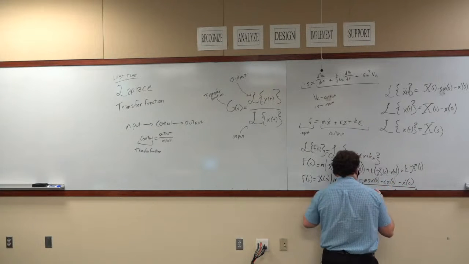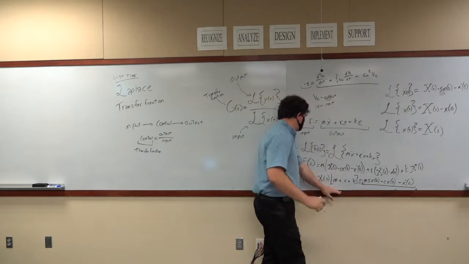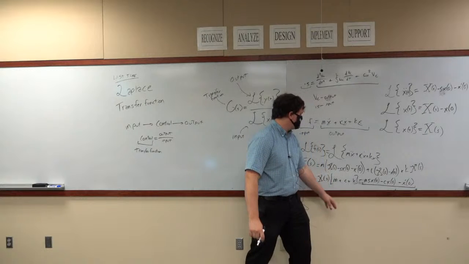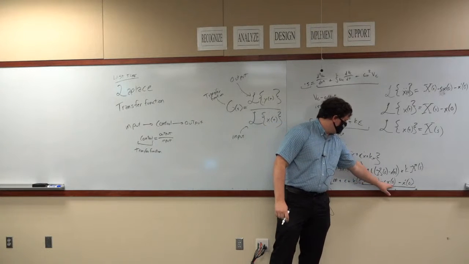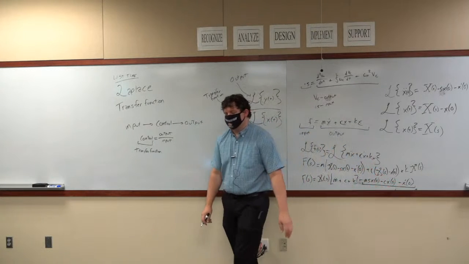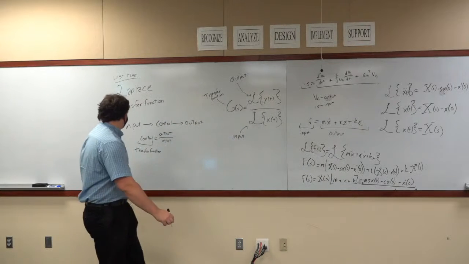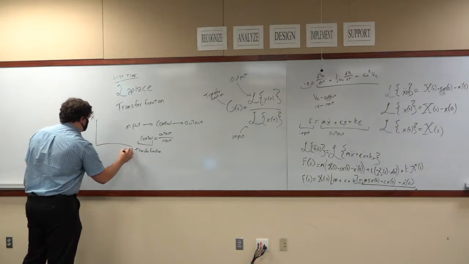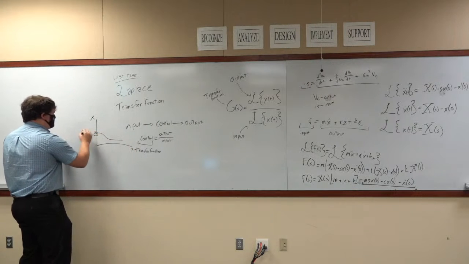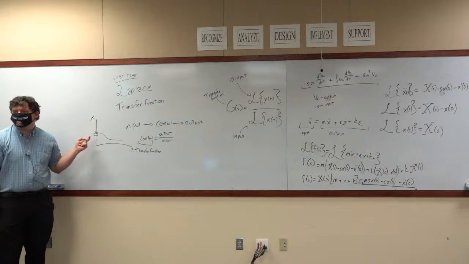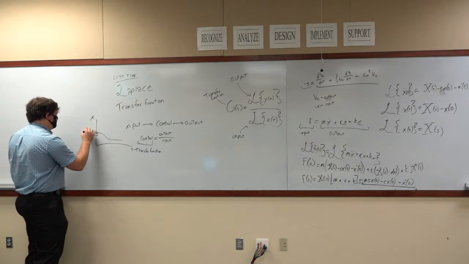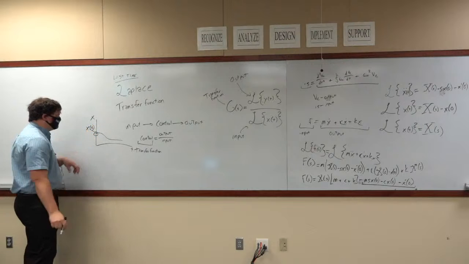Okay, so here's the terms multiplied by X. Here's the terms that are not multiplied by X. These are going to be constants. X at 0, if you look at your time function, if this is x versus time, your x of 0 value is going to be whatever's happening on the graph right at the start. So that's x of 0.